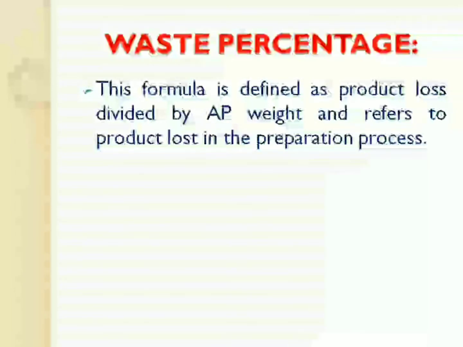So whatever loss happens during the preparation of the final product to make it edible to serve to the customer in the restaurant or in the banquet, that comes in the waste percentage, and that is subtracted from the AP, that is the as purchased weight.